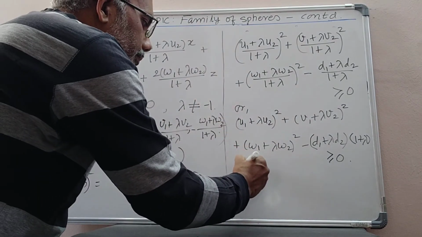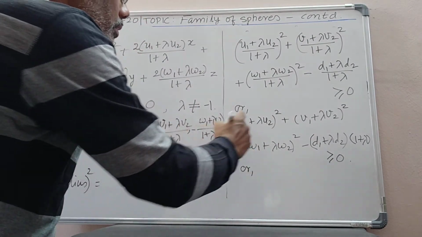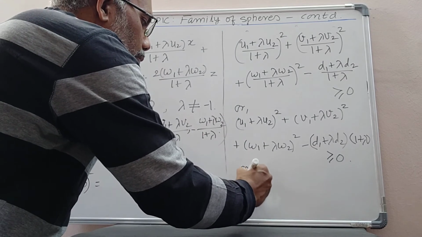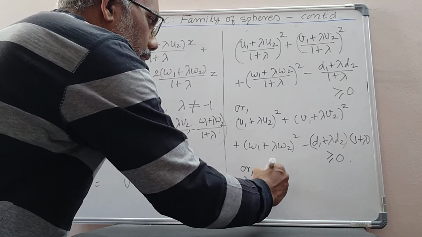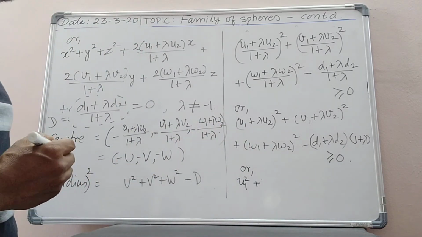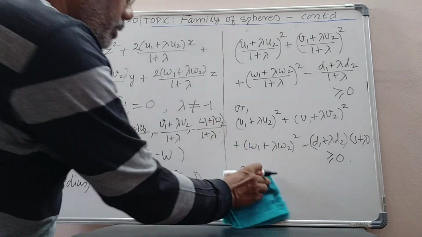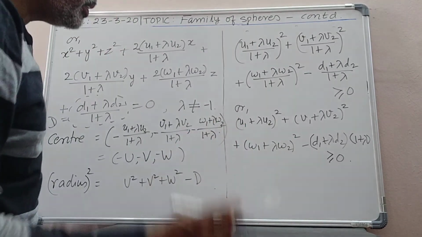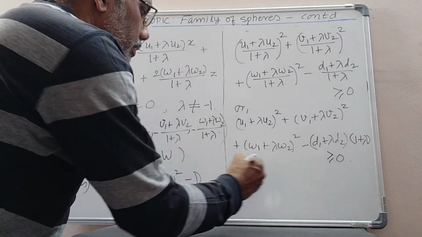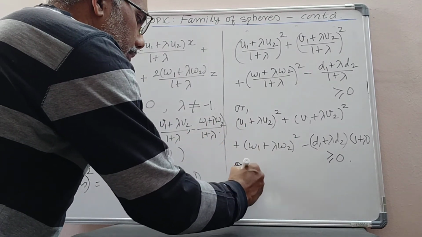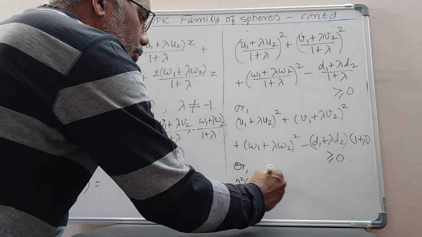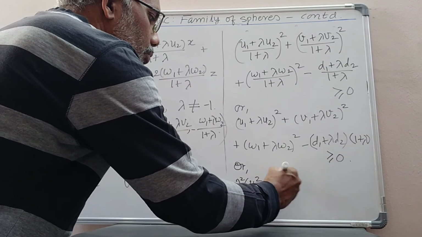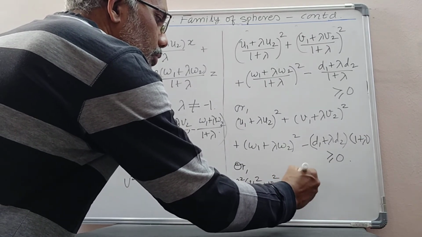So u1 square plus, let me write it like this, lambda square times I have u2 square plus v2 square plus w2 square.